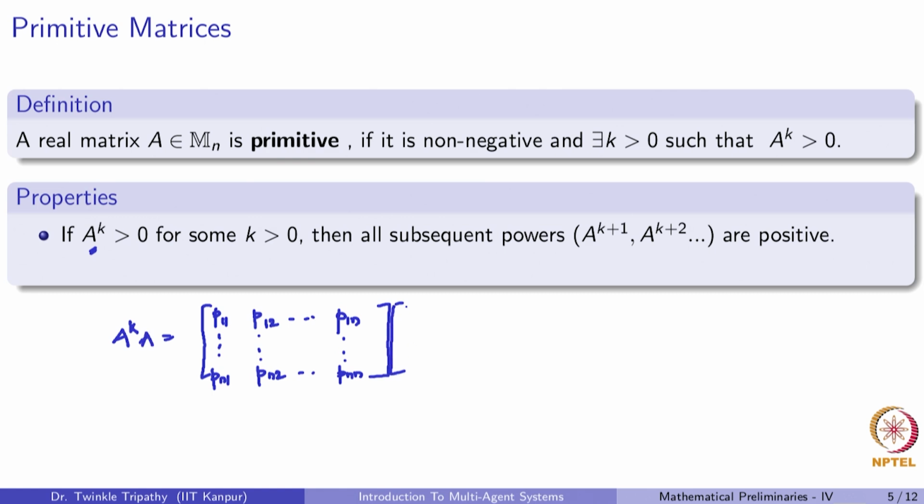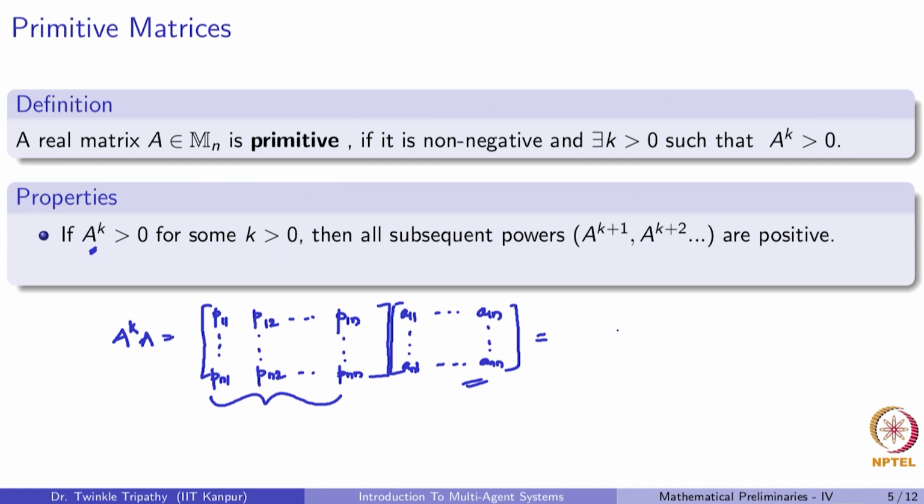Since A is a non-negative matrix and this is completely positive, when we start adding it up, it can never annihilate or make the entry zero.